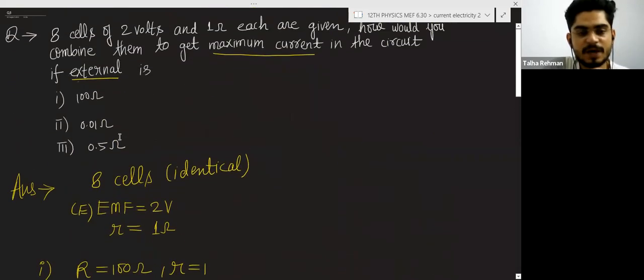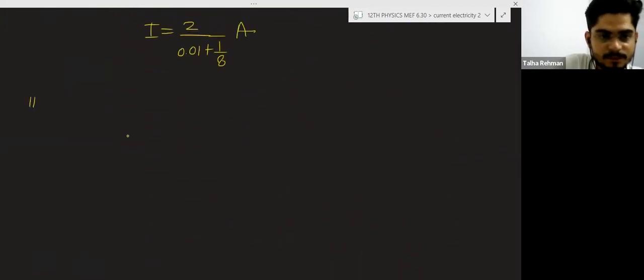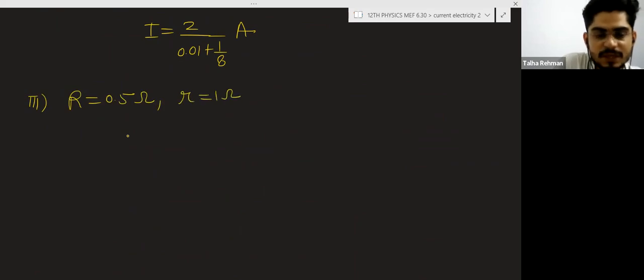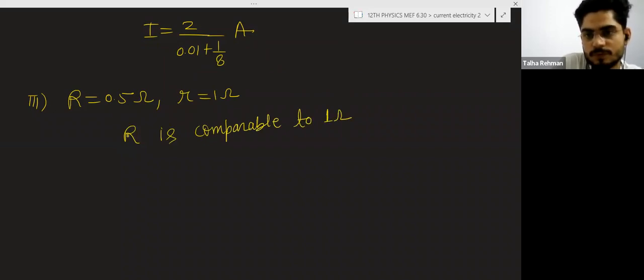Now for the third part, you have the external resistance of 0.5 ohm and internal resistance we have 1 ohm, meaning external resistance R is comparable to this 1 ohm.